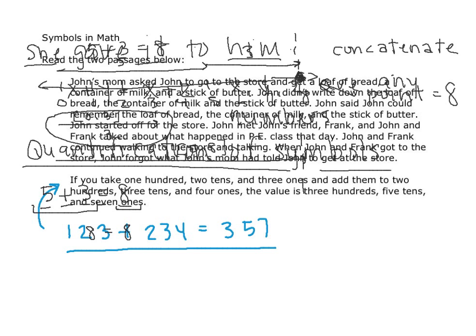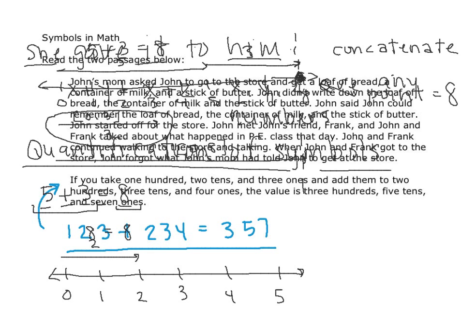Then the last thing we talked about is if we had a number line, six, and let's say we number it 1, 2, 3, 4, 5. If I had a line segment that I say is 2, and I add another line segment that is 3, why is this not showing addition?